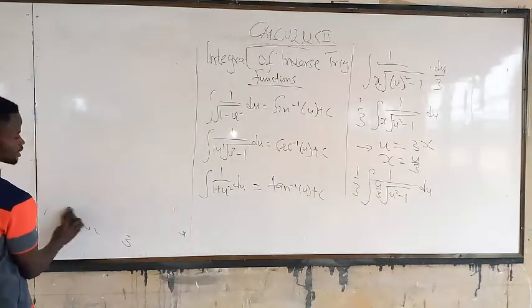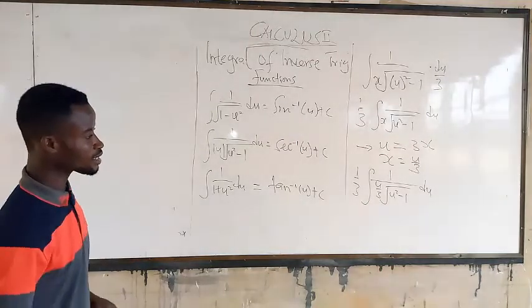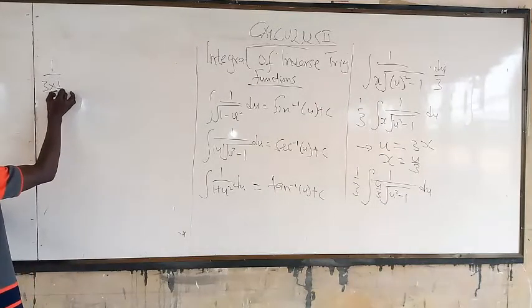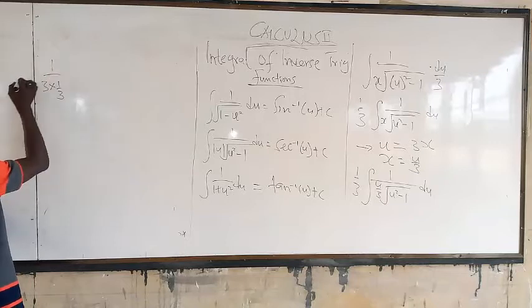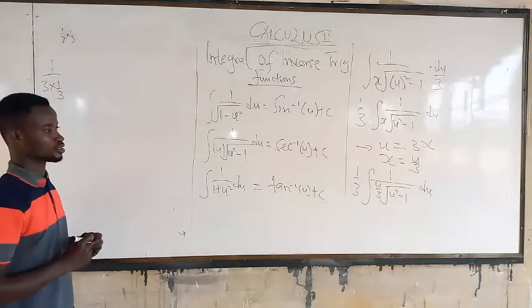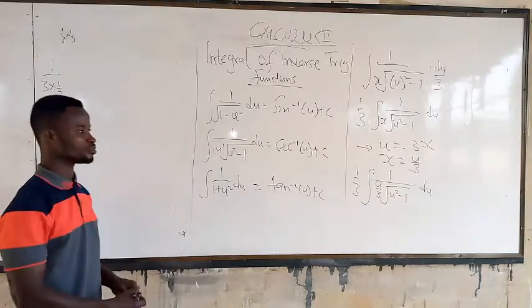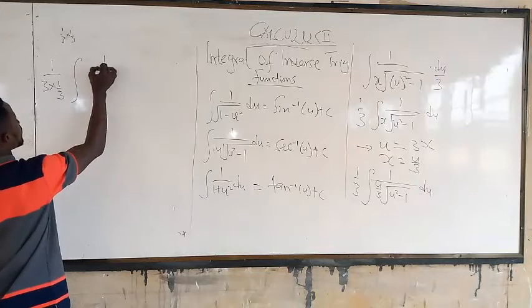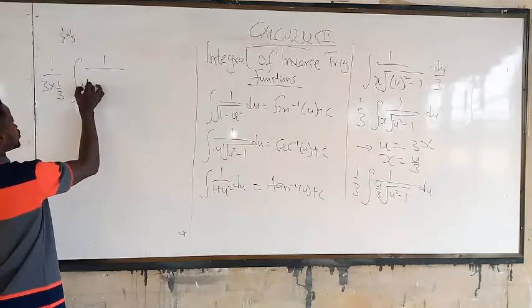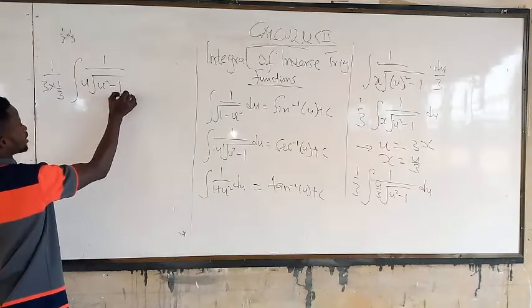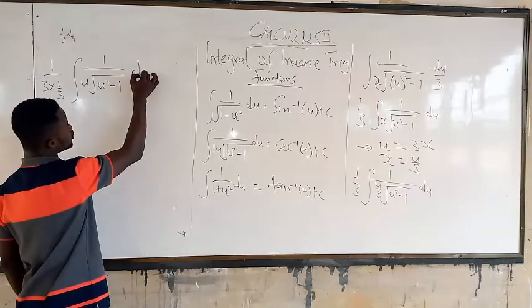That is only multiplying this. It's not 1 over 3 times 1 over 3. It's not like that. So you get the integral of 1 over u square root of u squared minus 1 du.